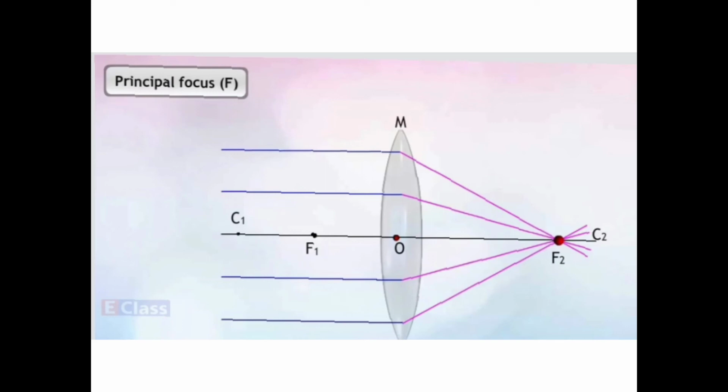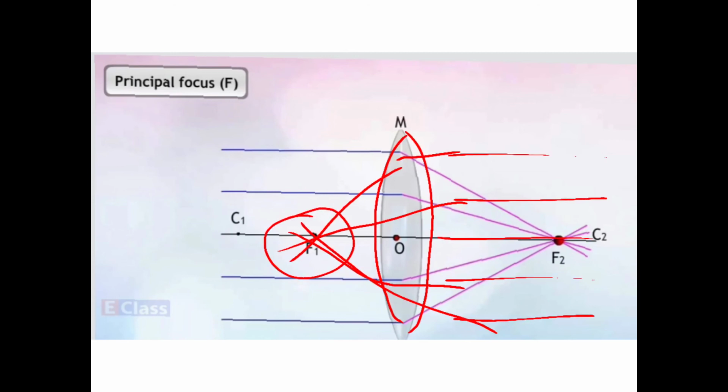Now as it has both surfaces spherical, let us think of the light coming from this side. Even that will get converged. It will pass to this point. Okay. So this is also a point where it converges.